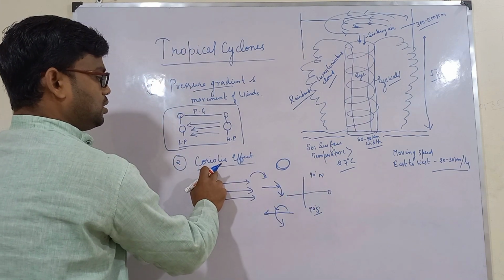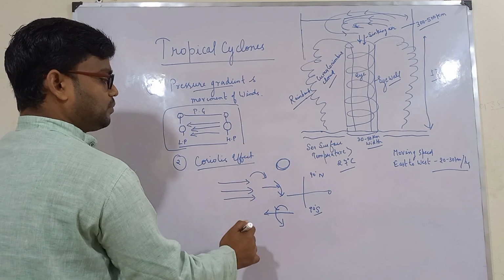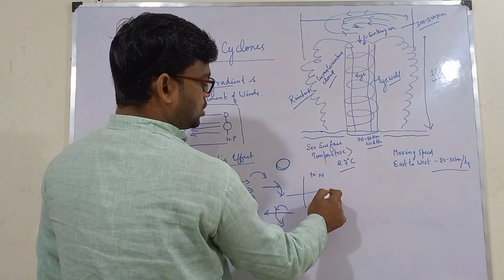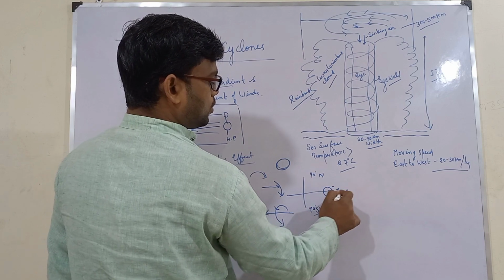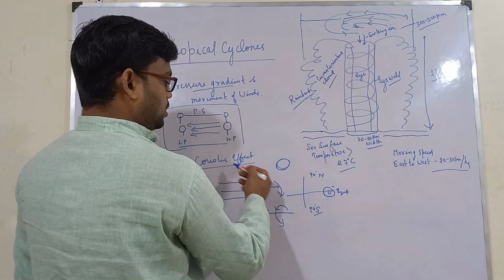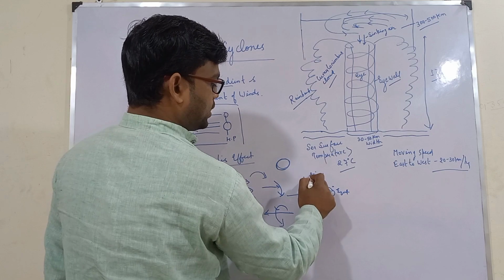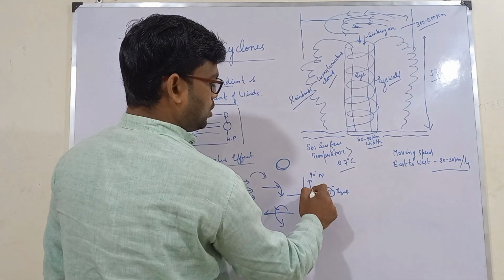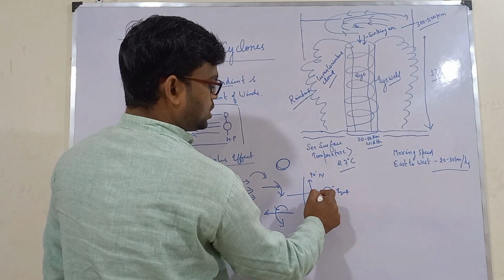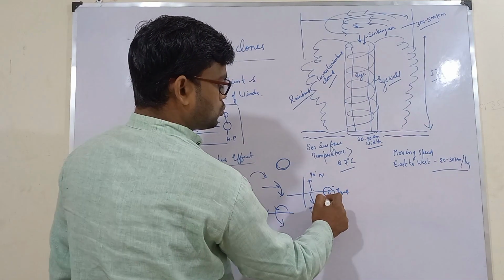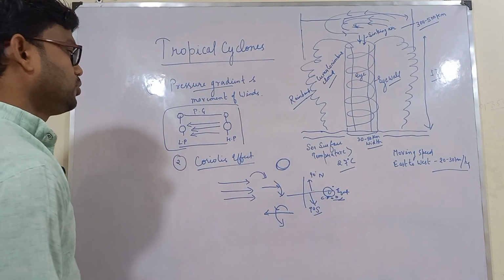So this is the second small topic, Coriolis effect. Do remember that this Coriolis effect is not present at 0 degree equator. It increases from equator towards poles, means from 0 degree equator towards 90 degree north and 90 degree south, but at 0 degree equator this Coriolis force remains 0.